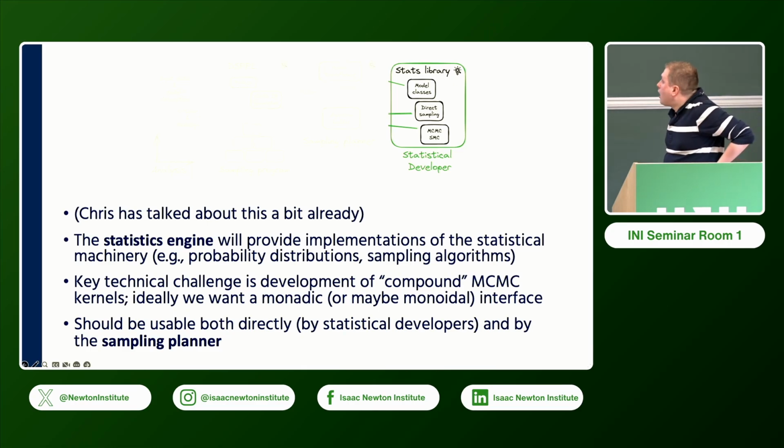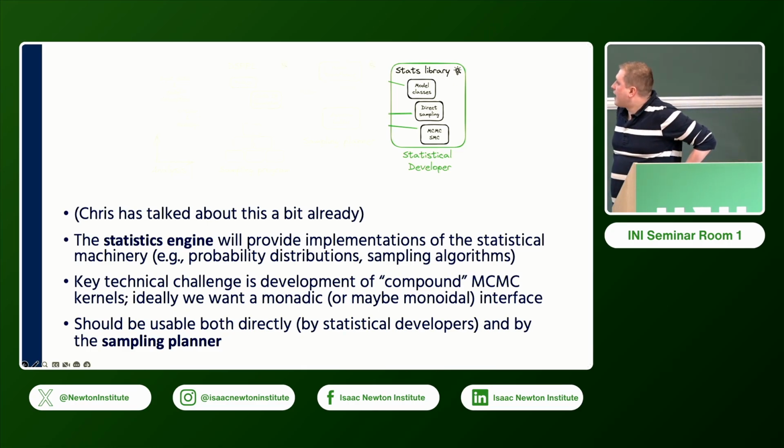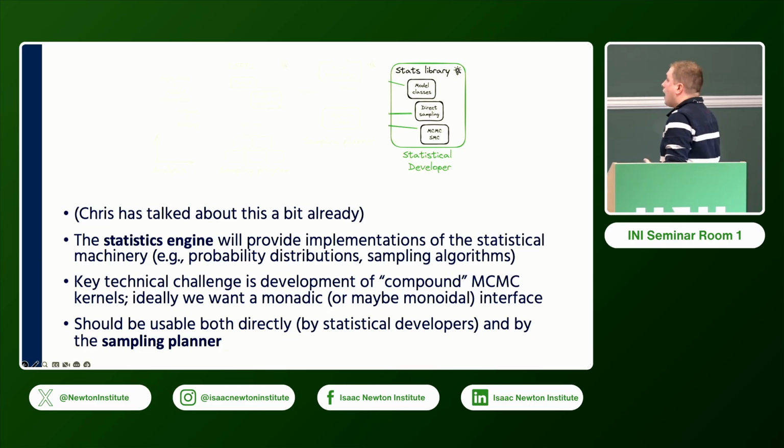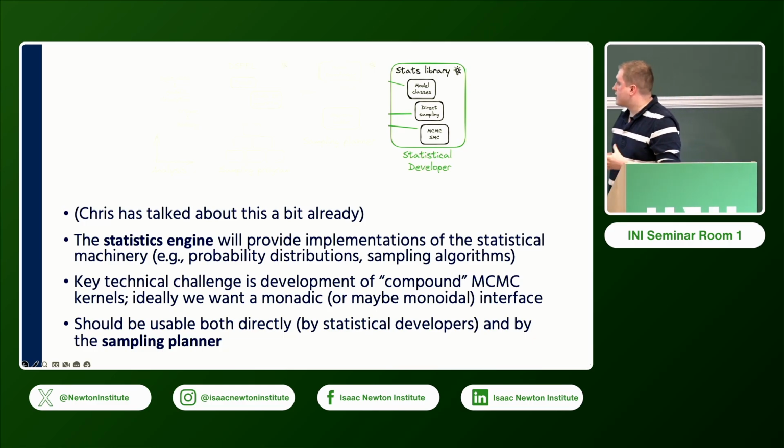The next part is the statistics engine. Now, I think Chris talked a little bit about this earlier on, but the idea here is it will provide implementations of statistical machinery, so probability distributions, sampling algorithms, and so on. A key technical challenge here is the development of compound Markov chain Monte Carlo kernels.